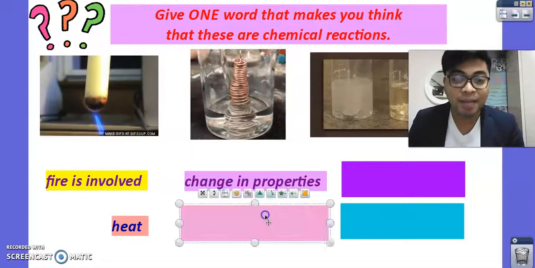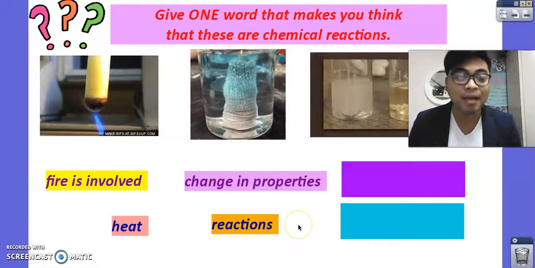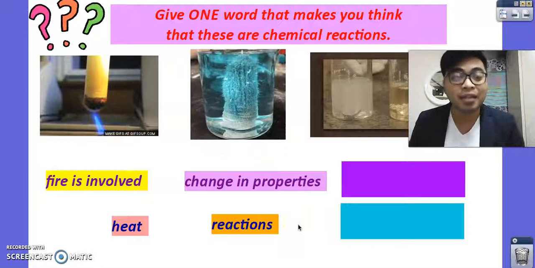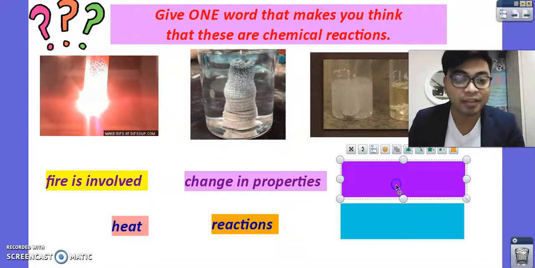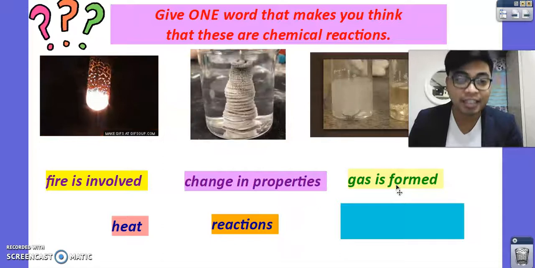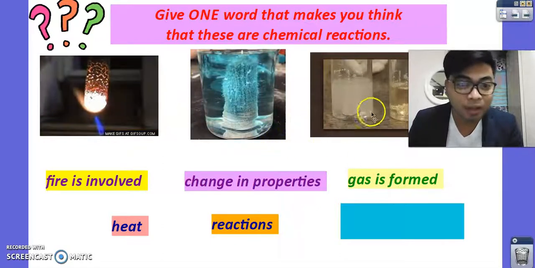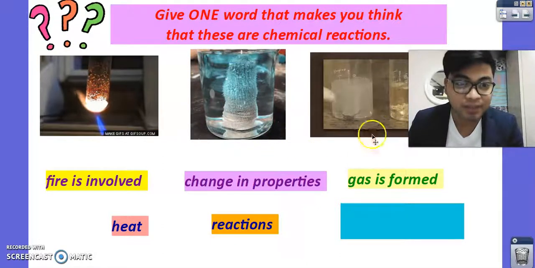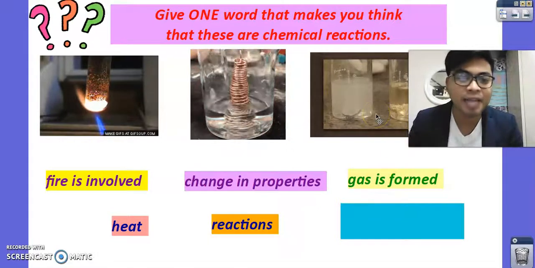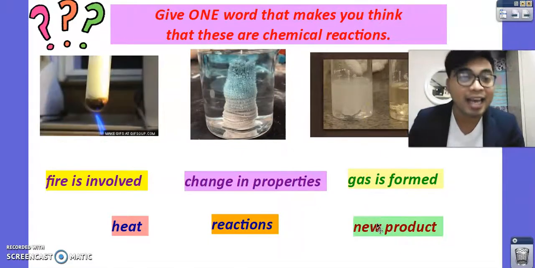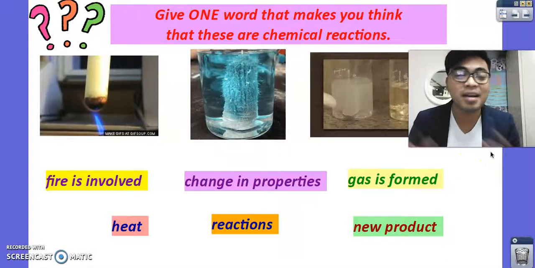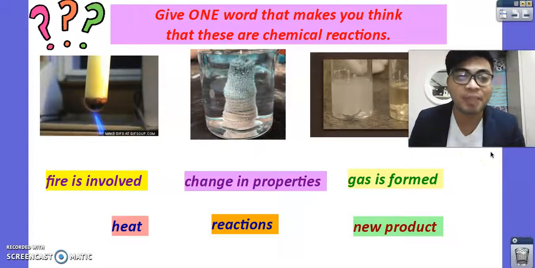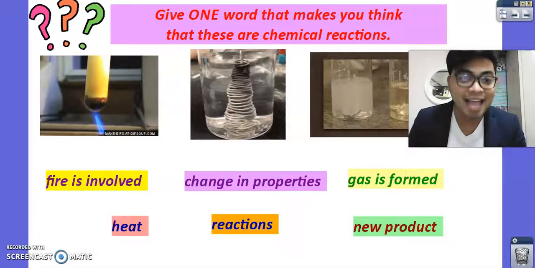There's change in properties because it's a chemical reaction. Therefore, chemical change is observed in this process. Gas is formed. For example, in this picture, usually it can be carbon dioxide or hydrogen. And a new product, just like magnesium chloride in our previous slide. That's the one which is produced.